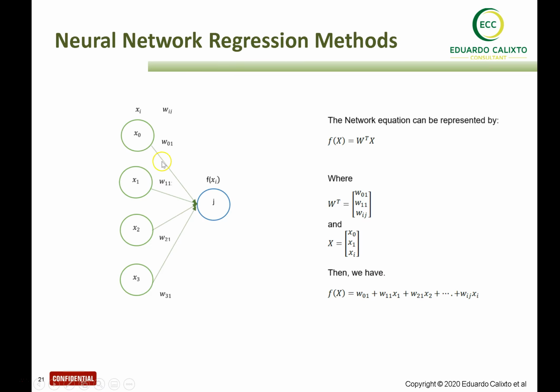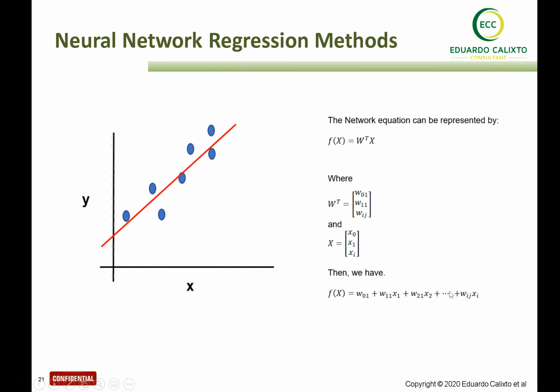A very important point is that the weights are initially defined randomly. So we have random values for the weights, and as we go through the neural network, multiplying the weights by the input data and calculating the error, we have the backward process to adjust the weights based on the error that we got. So it's similar to what we have in classification methods.